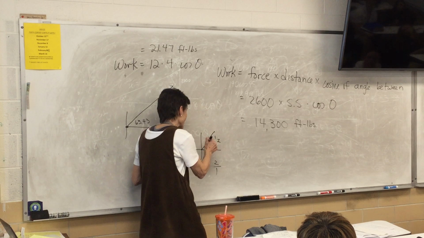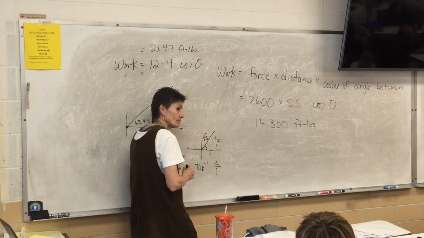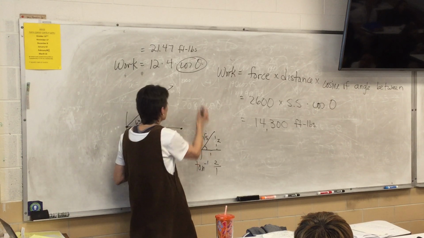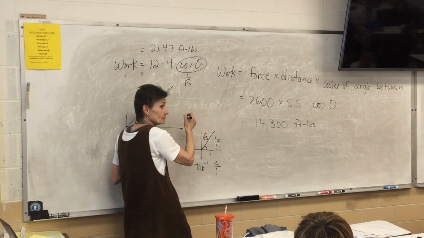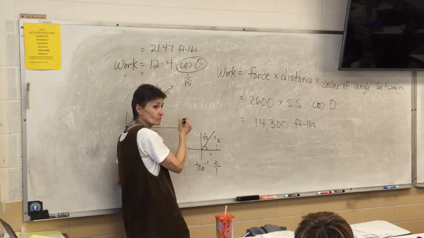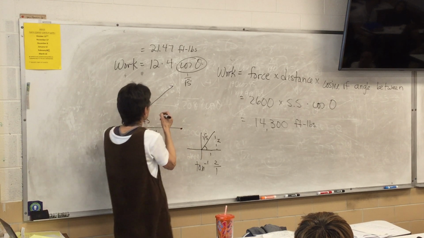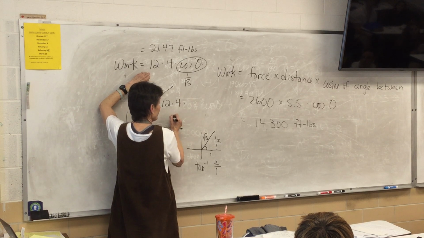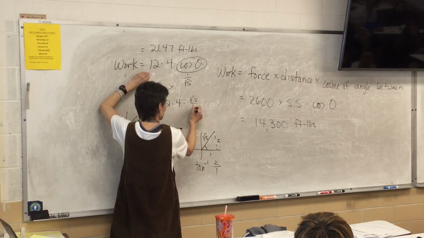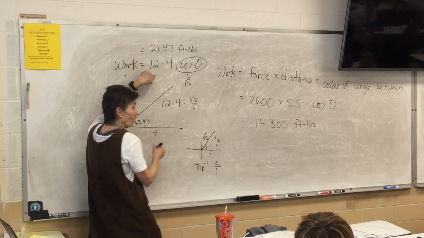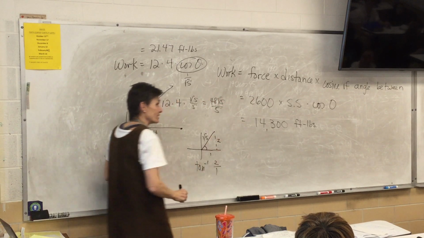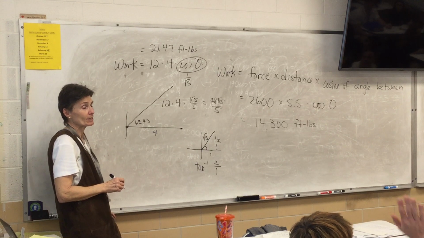We know that's 1, that's 2, this has to be root 5. So isn't the cosine of the angle just 1 over root 5? Right? So the exact answer of the problem would be 12 times 4 times root 5 over 5, or 48 root 5 over 5. Very, very good, Sam.